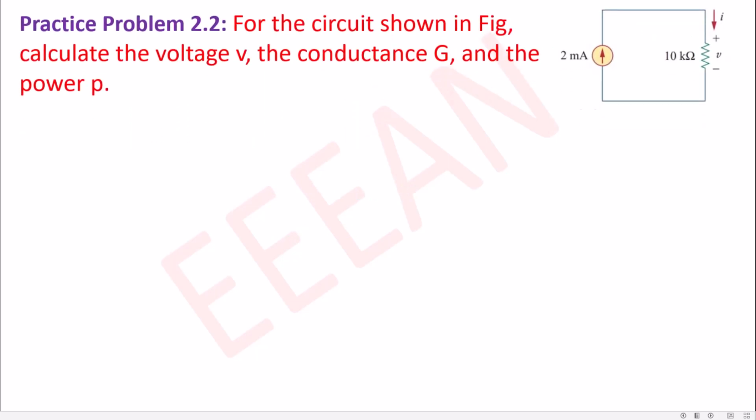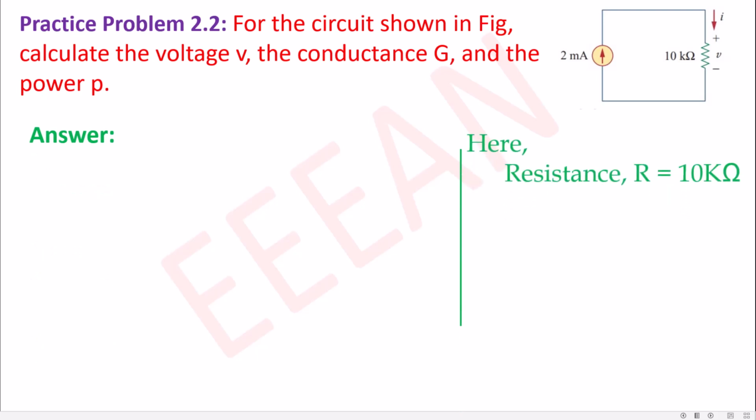And the next one, practice problem 2.2. The question says for the circuit shown in the figure, calculate the voltage V, the conductance G and the power P. Here resistance R equals 10 kilo ohm and the current I equals 2 milliampere.